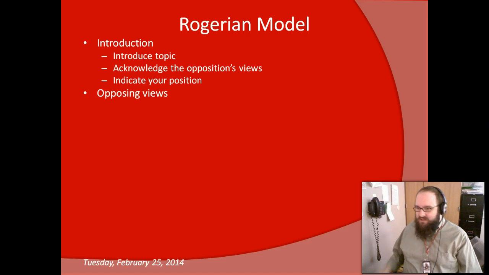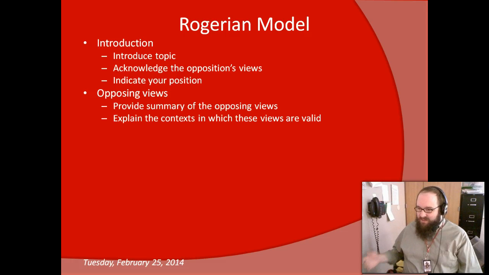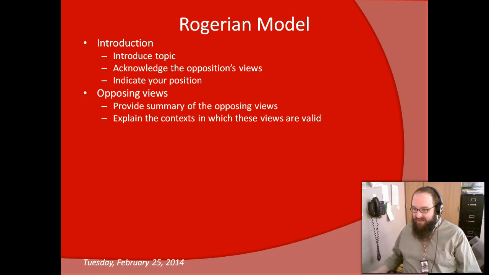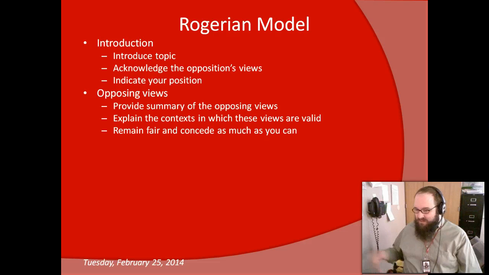Next, after your introduction, you want to outline the opposing views that you are aware of. Try to provide a summary of the opposing views and explain the context in which these views are valid. That's what you want. You want to concede as much as you can to the opponent and remain fair in doing so. Carl Rogers is the guy who developed this.